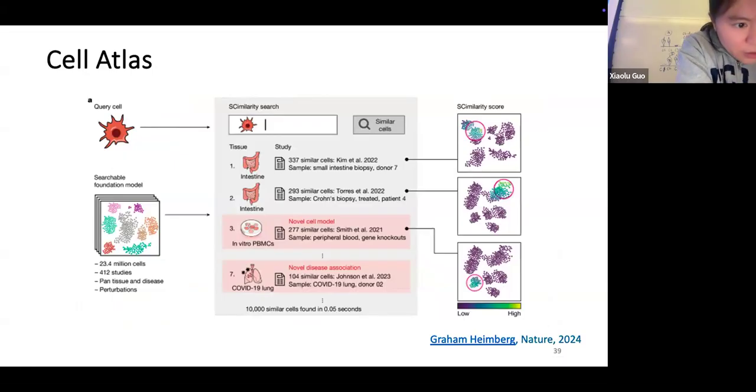Basically they collected 20 million cells with mRNA sequencing profiles, and then you can input your mRNA sequencing results, and they will tell you which cell type yours is most similar to, whether it's a macrophage or a T cell, and if it's a macrophage, whether it's a cancer-related macrophage, etc. Then you can input it, and it will give you information about this cell.